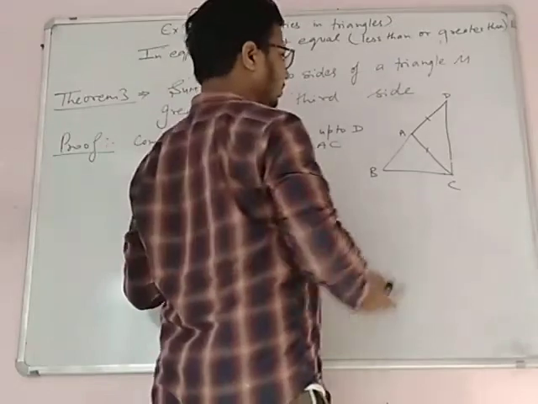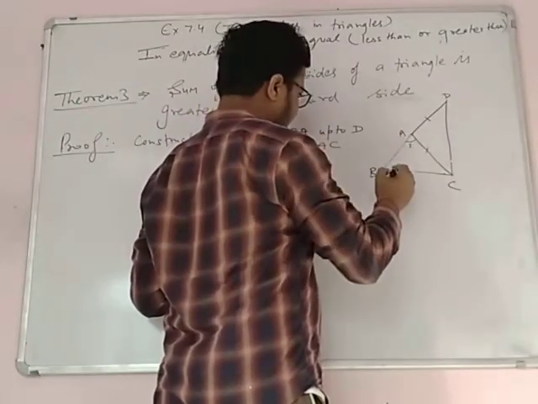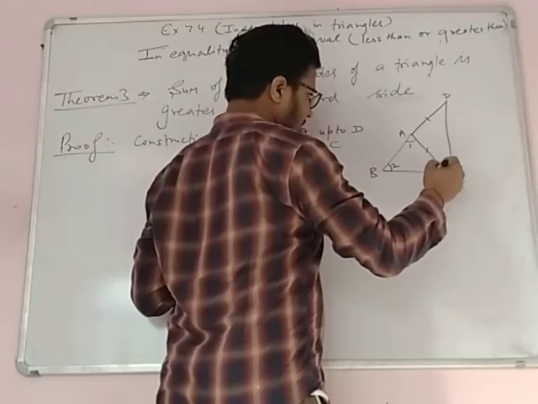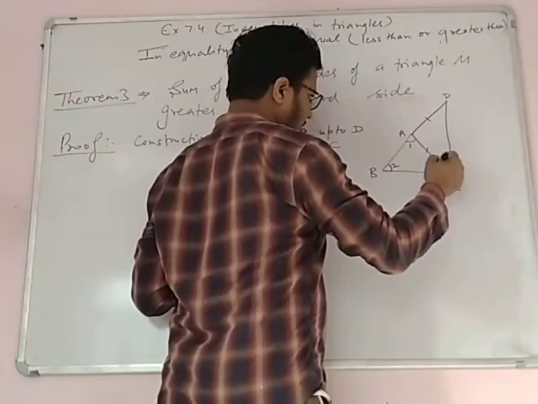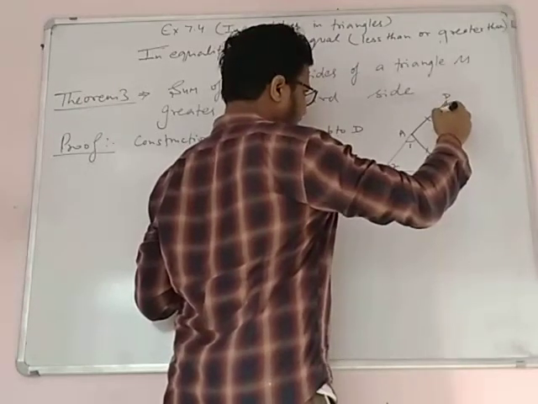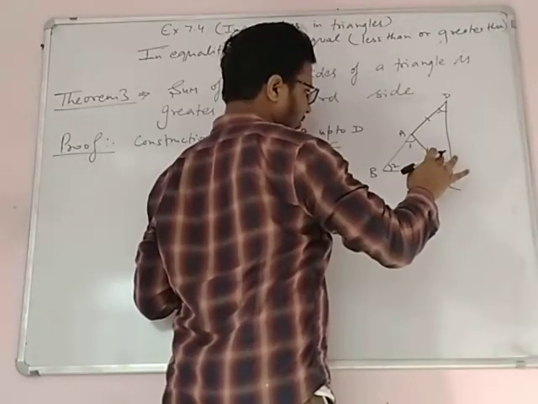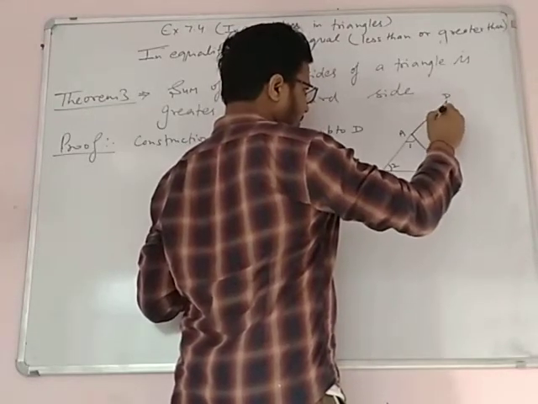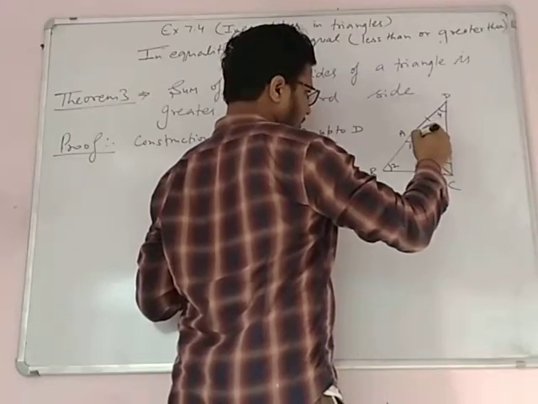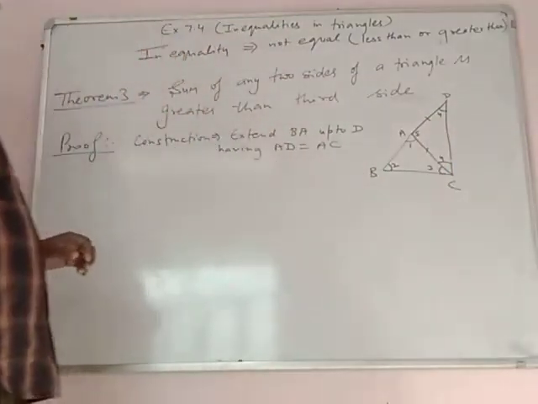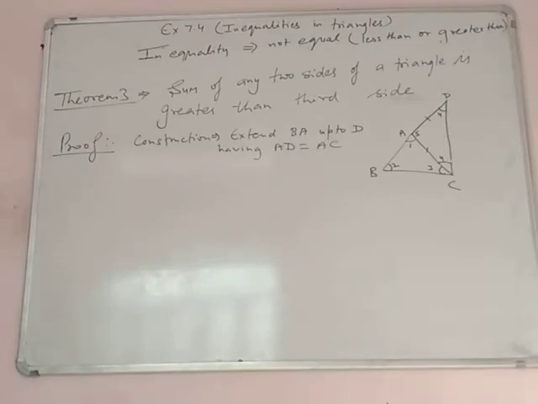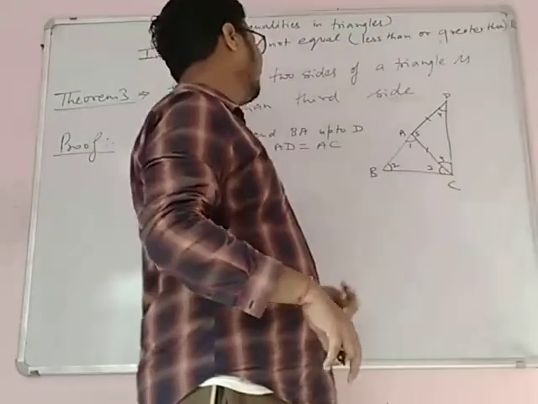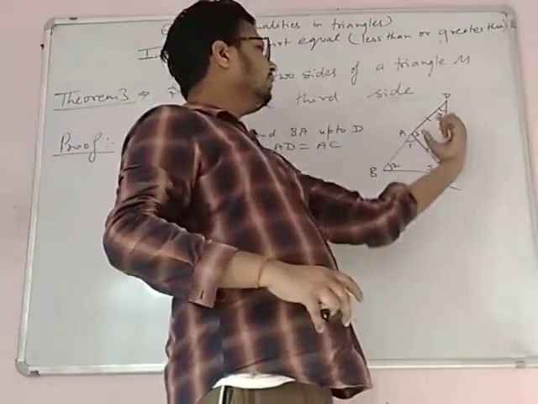Let's give numbers to the angles: 1, 2, 3, 4, 5. Now see that you have constructed by extending BA up to D, whereas AD is equal to AC.